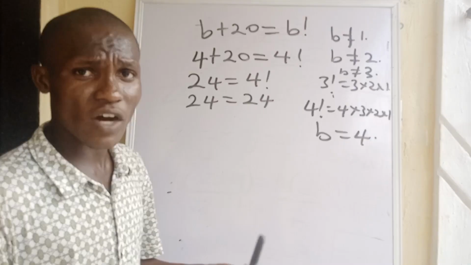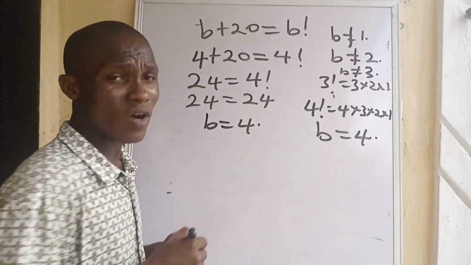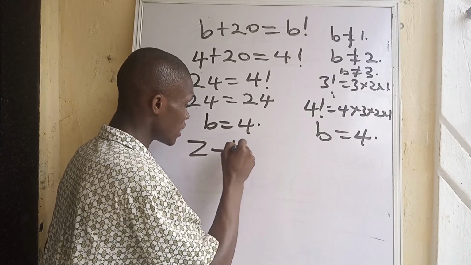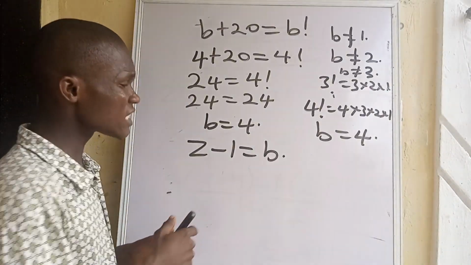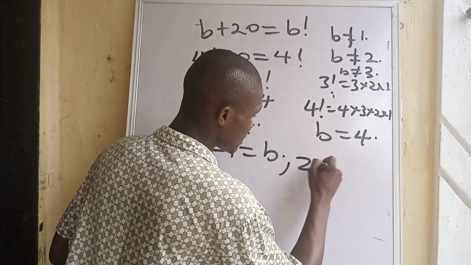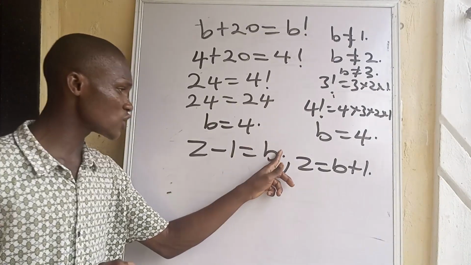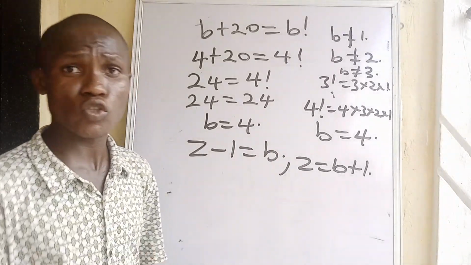So since we've gotten the value for b, and our b is equal to 4, then what is our z? Remember we said z minus 1 is equal to b, right? So we can look for z by saying z is equal to b plus 1. We are solving the formula by bringing this one to the right hand side, and by the time it crosses the equality sign, it's going to turn to positive.